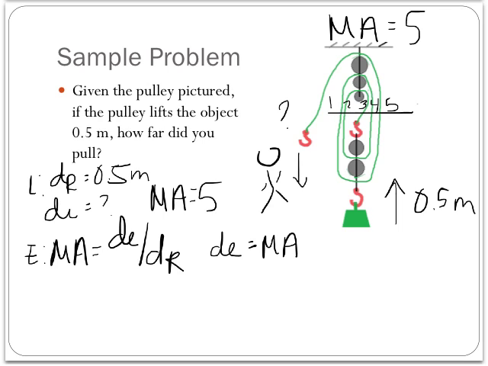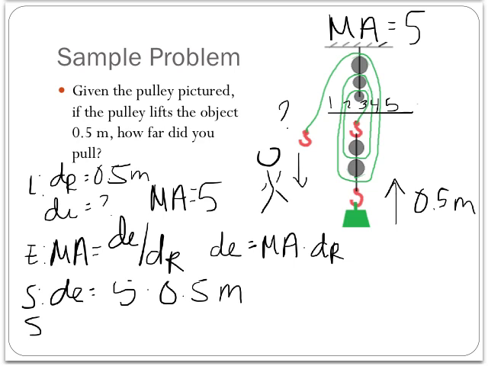So it's going to be MA times dR. Let's plug in our numbers. dE equals 5 times 0.5 meters, which you will solve to be 2.5, and since you're solving for a distance, your units are meters. So 2.5 meters. You'll pull down 2.5 meters, and since mechanical advantage is 5, it only goes up 1/5 of that, or 0.5 meters.